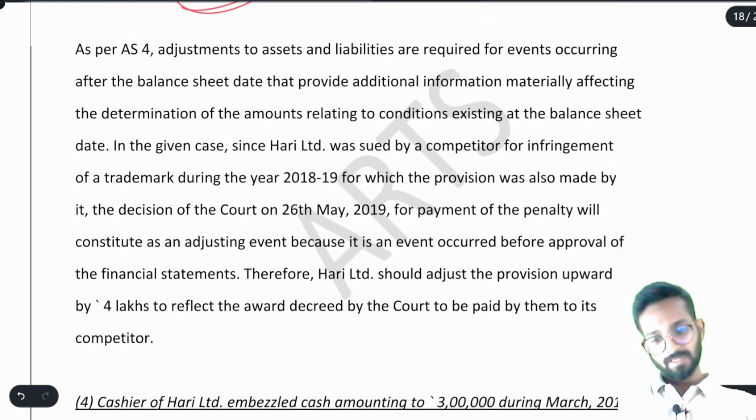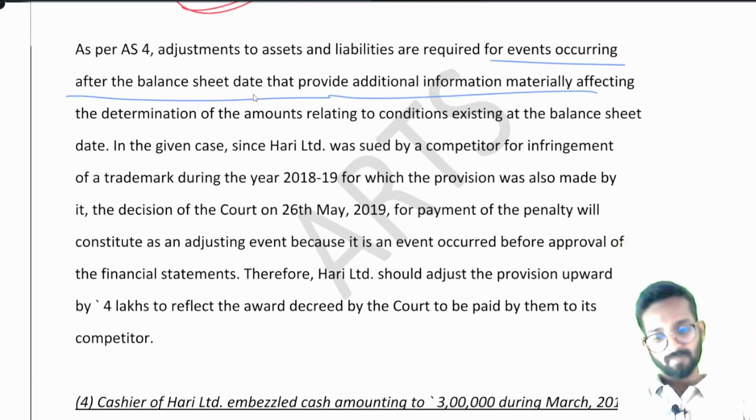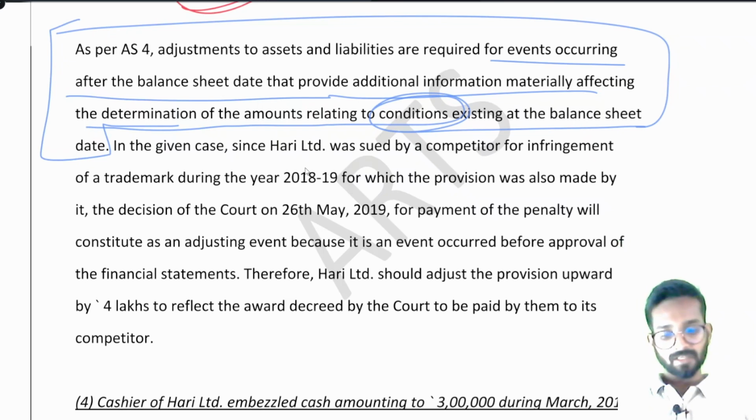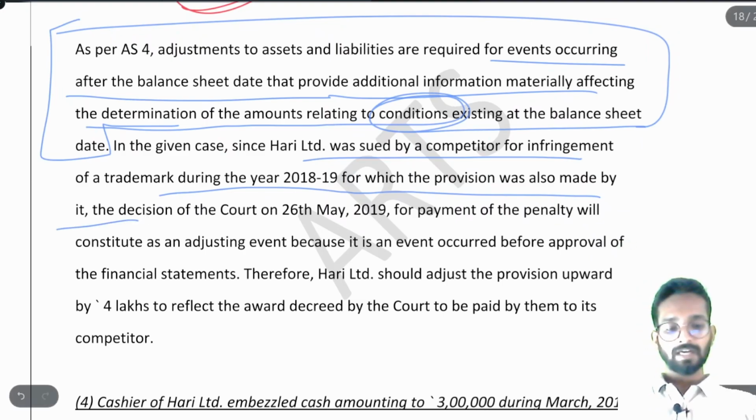As per AS 4, adjustments are required for events occurring after the balance sheet date that provide additional information materially affecting the determination of amount relating to conditions existing at the balance sheet date. These 4 lines will be same, okay, everywhere. In the given case, since Hari was sued by a competitor during 18-19 for which the provision was also made by it. See, Hari already made the provision.